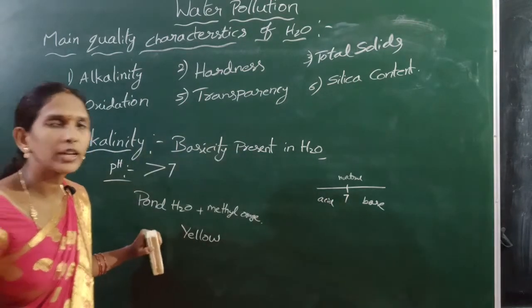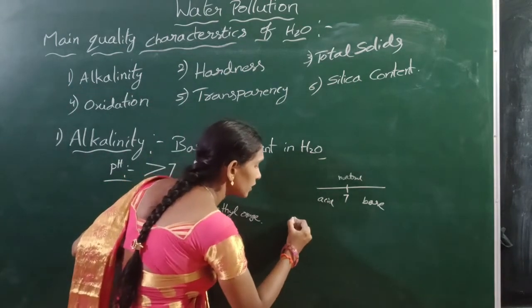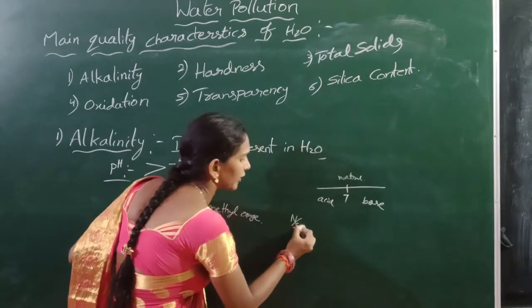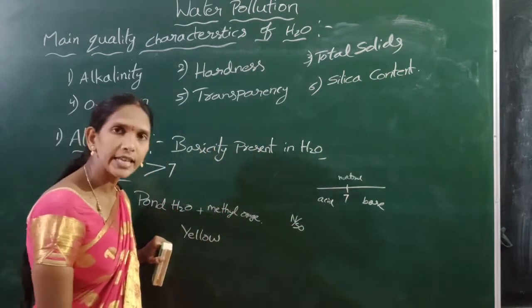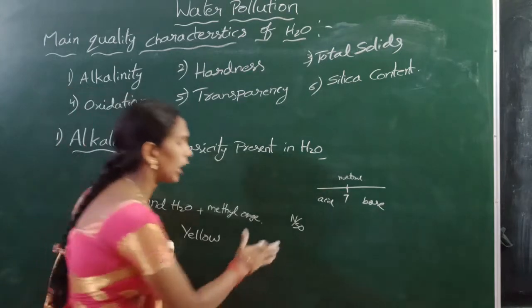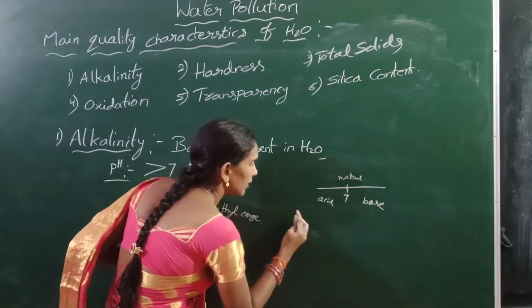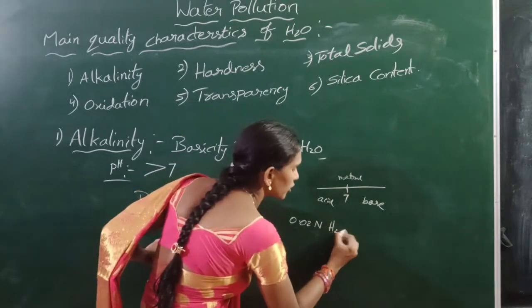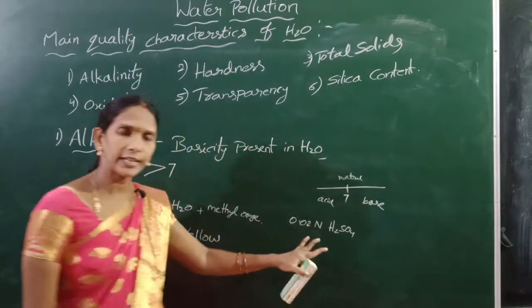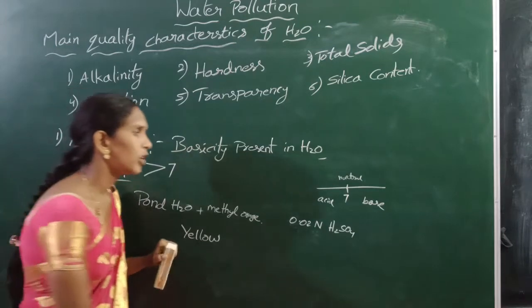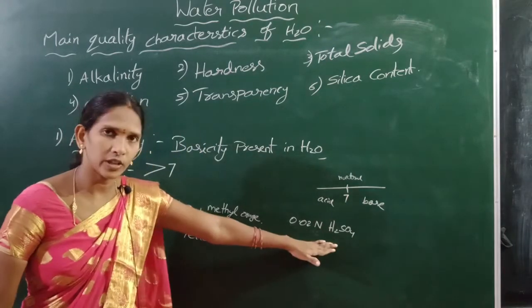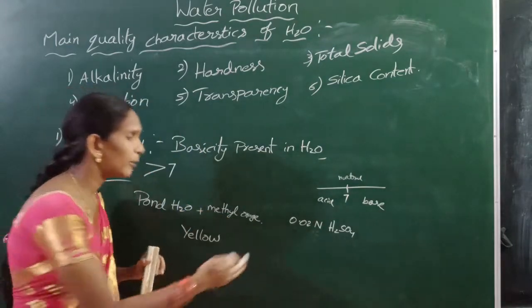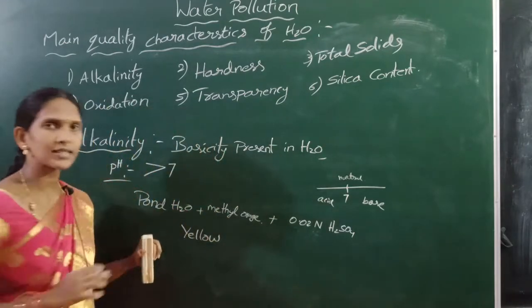In the burette we take N by 50, which means 0.02 normal H2SO4 solution. We add H2SO4 solution from the burette to the conical flask.